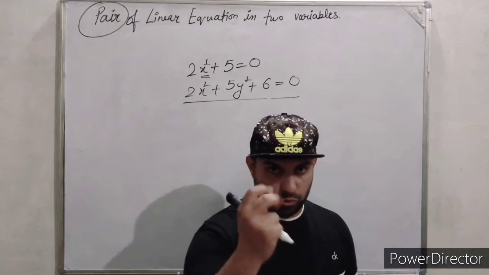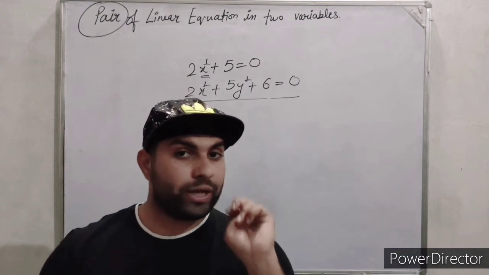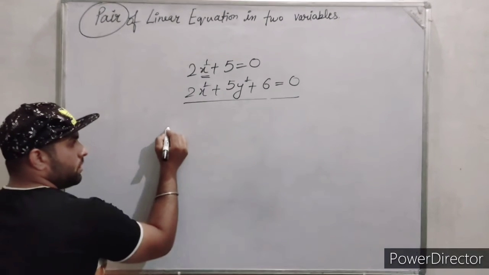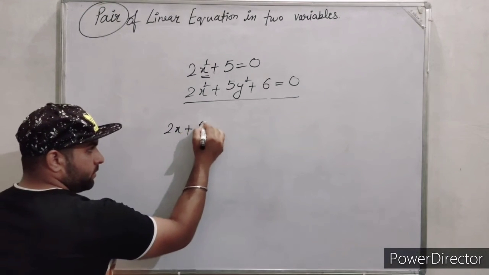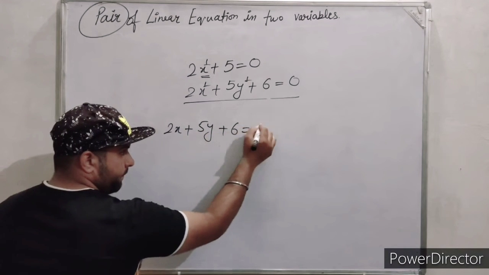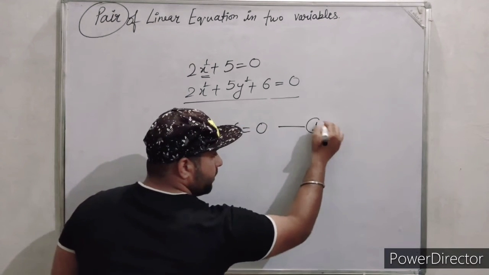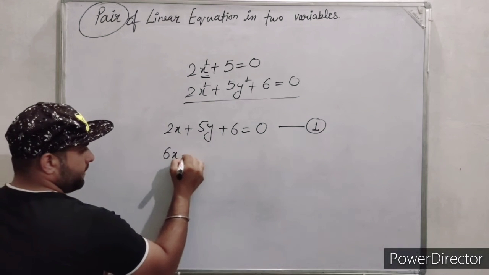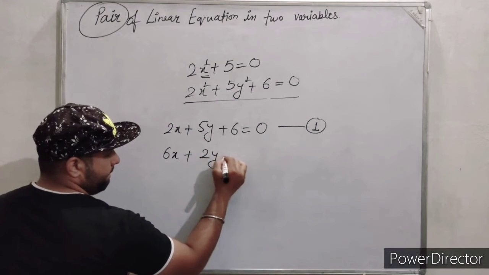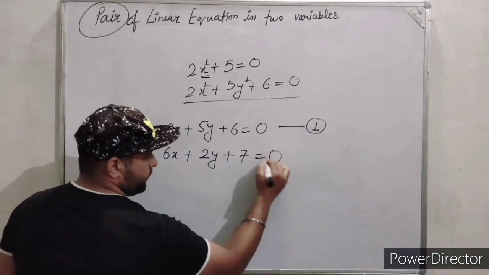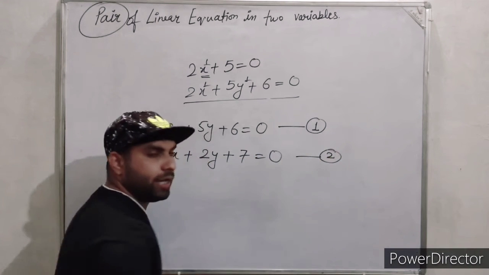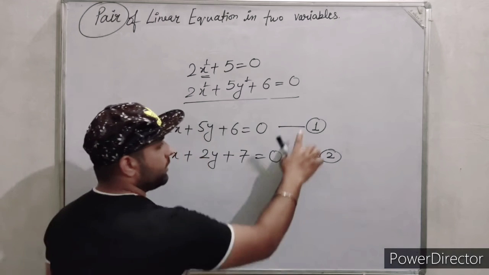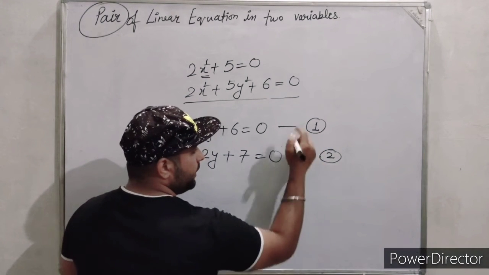Pair means 2. So we need two equations. Equation number 1. Equation number 2. Here we have two equations.